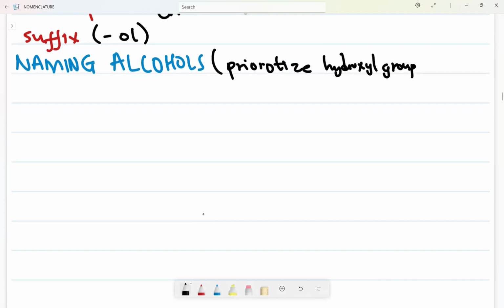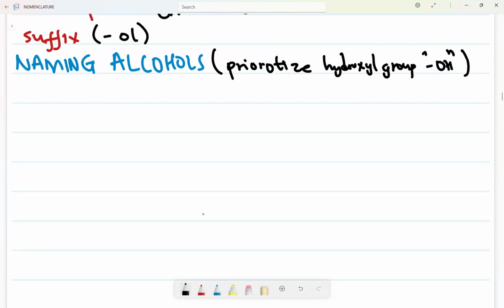You prioritize the functional group, which is OH. You prioritize the OH. The OH is referred to as the hydroxyl group.